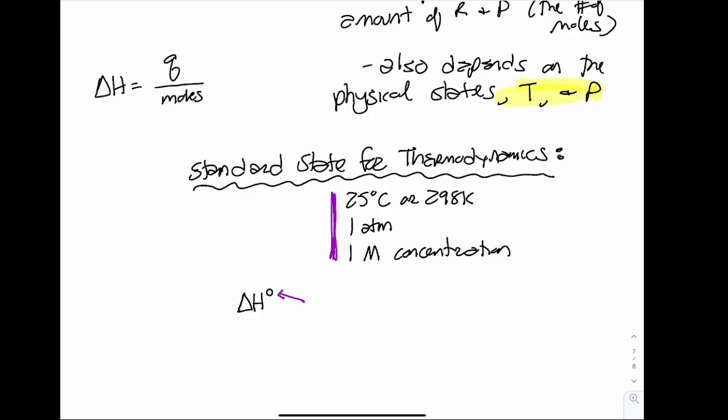If you were to measure it at a different temperature, then the value is going to be different. So this indicates standard state. In 152, you'll actually have an equation relating standard state to non-standard state conditions.